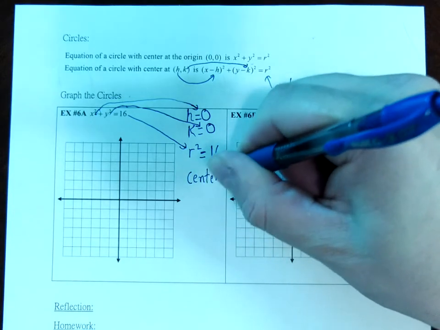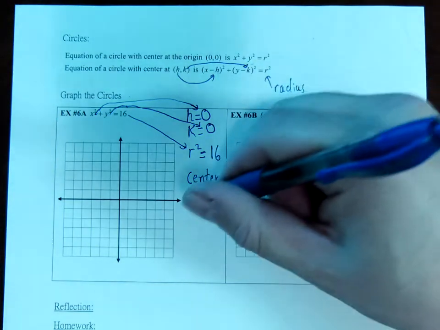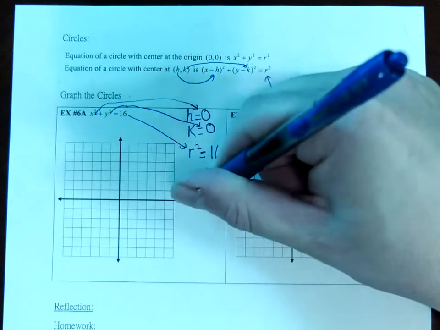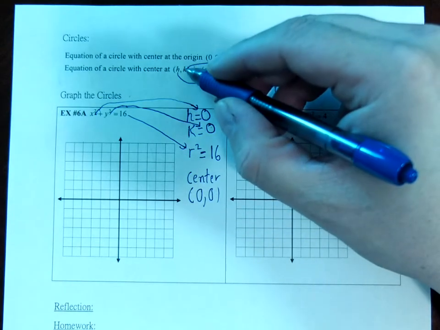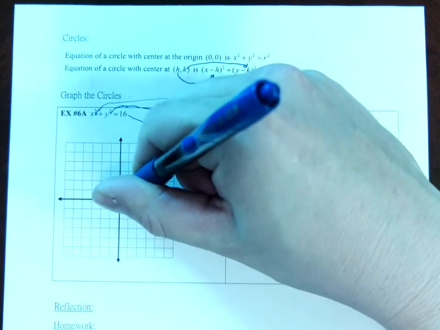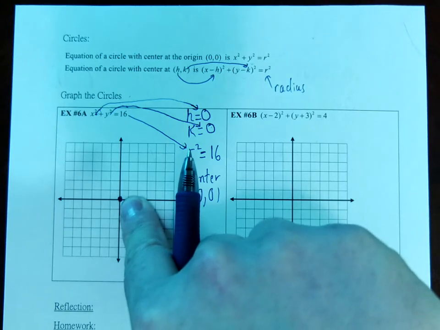The center is the coordinate of h and k paired together as a coordinate pair. So the center here is 0, 0. H is here, k is here. The center at h, k. That's the middle of the circle. We mark this with a coordinate point. Now this point is not on the circle, it's a graphing aid to make the circle.